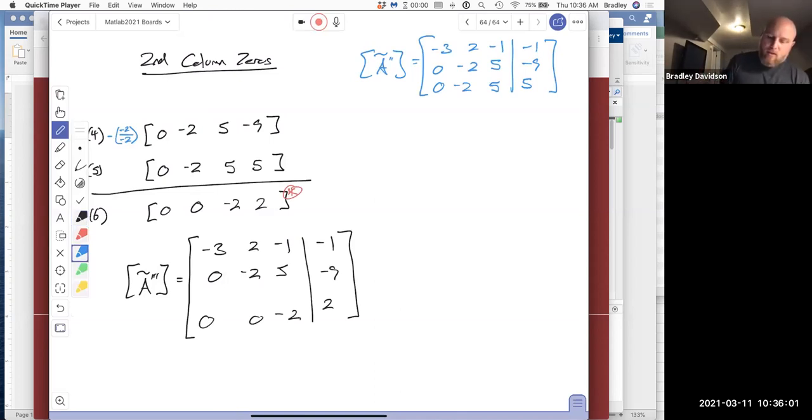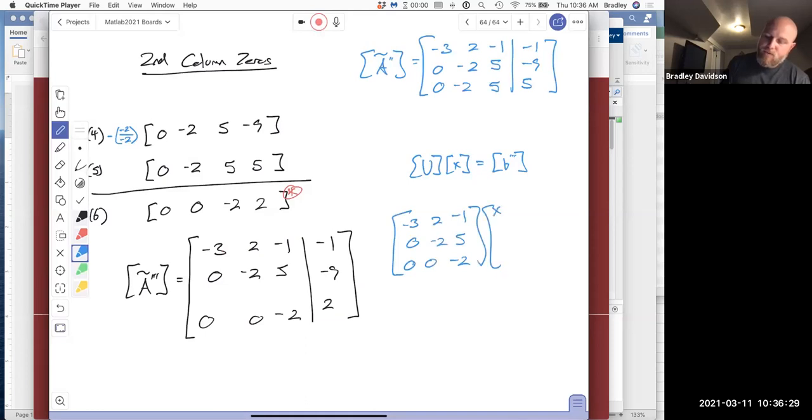And now we've transformed the entire system into Ux = b, we'll just call it triple prime, in which we have this now being our upper triangular matrix, where we have -3, 2, -1, 0, -2, and 5, 0, 0, -2, times x1, x2, x3, and that's equal to -1, -9, and 2.